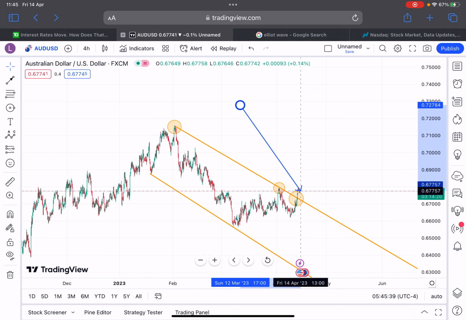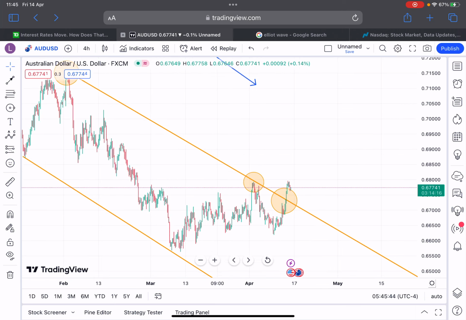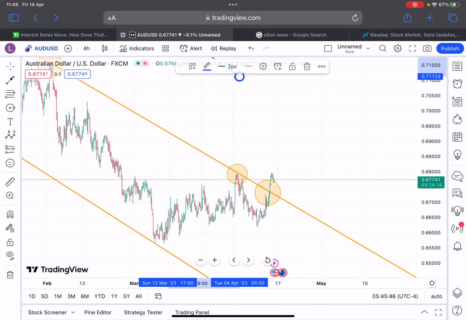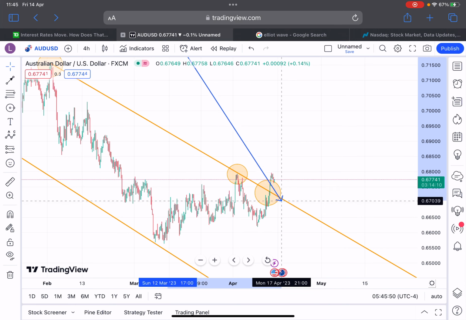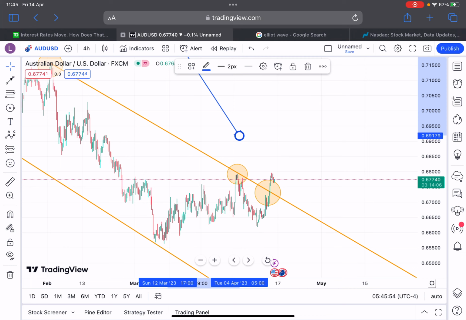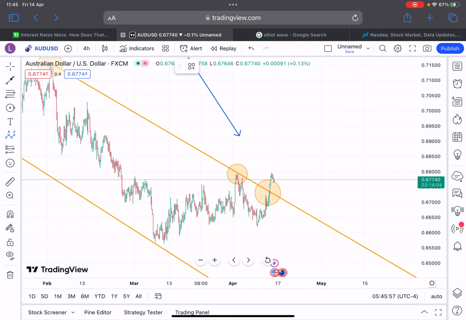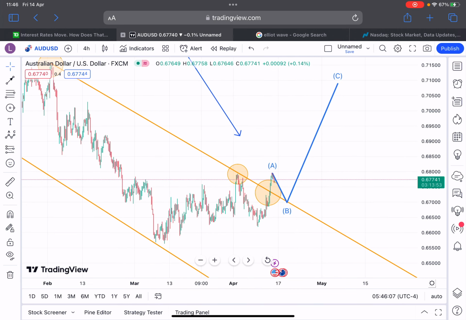So right now what we will be waiting for, there is a possibility that it will go down from here, and then go up until it reaches this trend line. Once it reaches this trend line, what is possible is that it will go from here, touch the trend line and then go up again. That is what we call a last kiss.